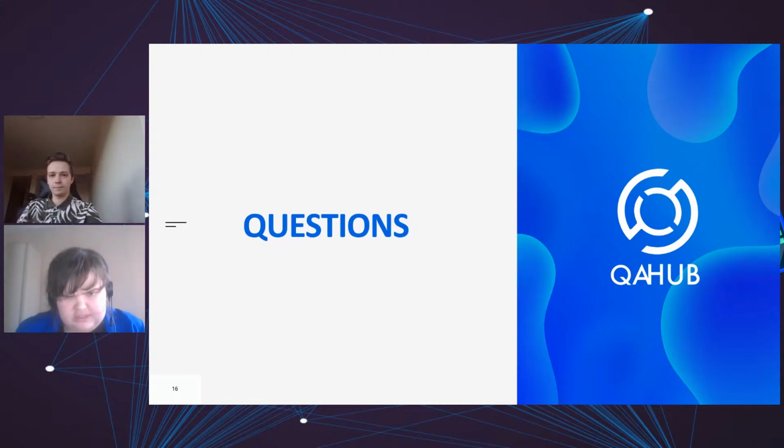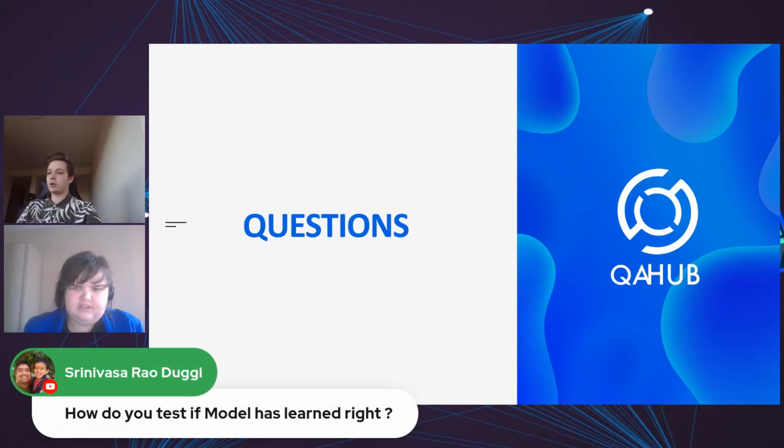How do you test if the model has learned right? Well, this is basically what I tried to explain on the last slide of the presentation. In order to understand if the model learned right or not, we should evaluate it. So we should prepare a test data set that is statistically representative.